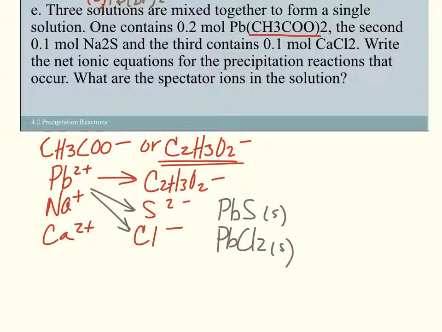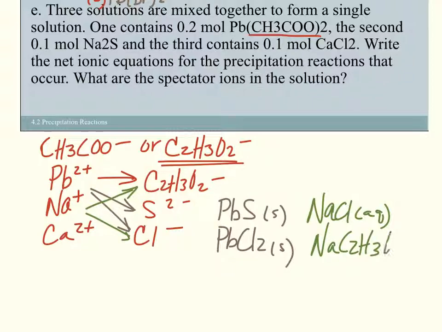Na hooks up with S normally, that's what they gave us, but Na hooks up with an acetate and it hooks up with Cl. So we've got NaCl, which is aqueous, and we have sodium acetate, which is also aqueous under the Na rule. Nitrates, right? Acetates and chlorides, all soluble, no exceptions. So this is aqueous as well.